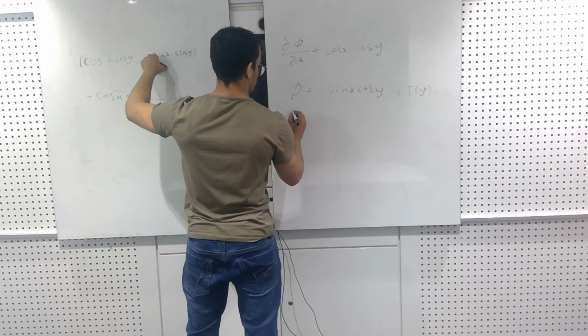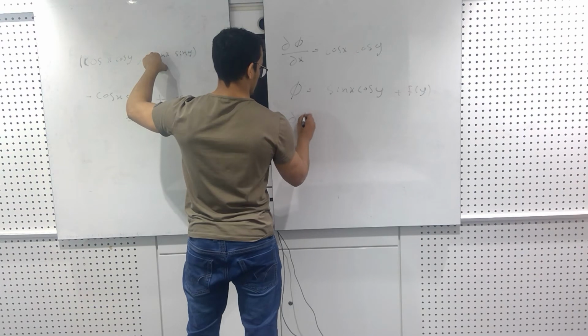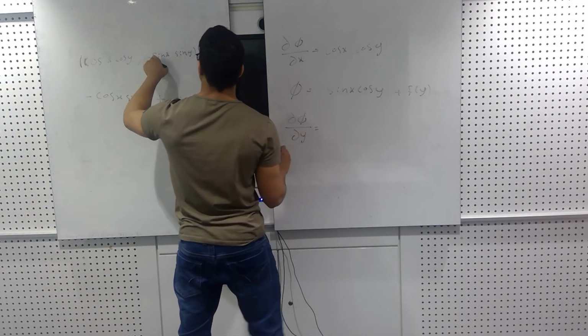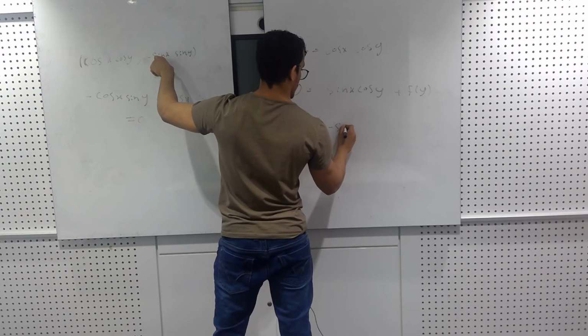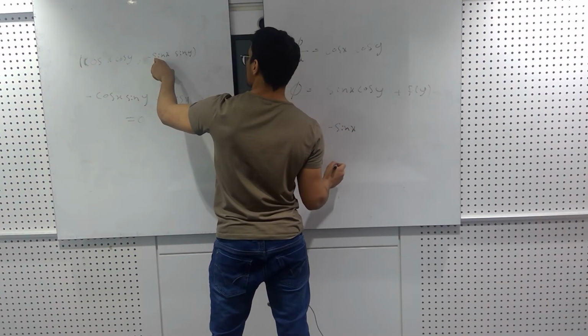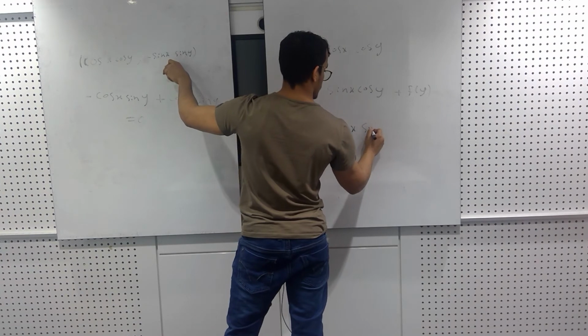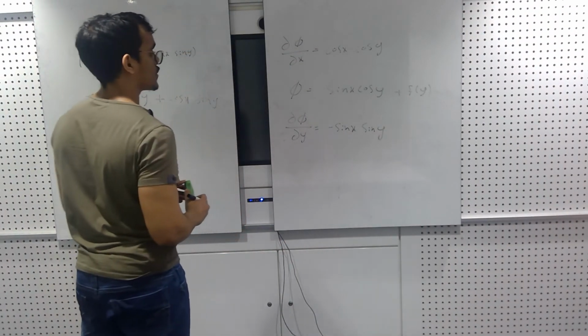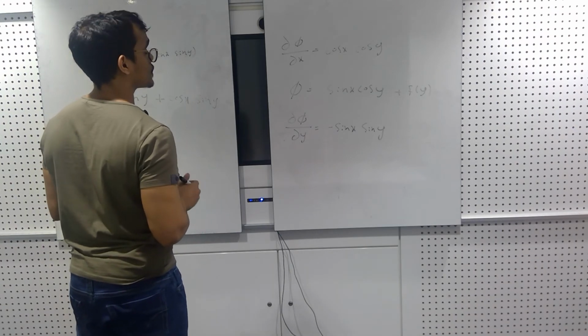And the second component is the derivative with respect to y. So the derivative of the potential function with respect to y will be equal to negative sine of x sine of y.